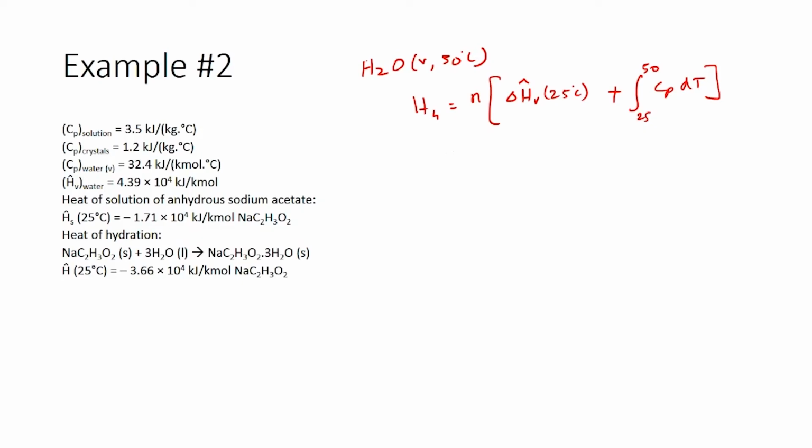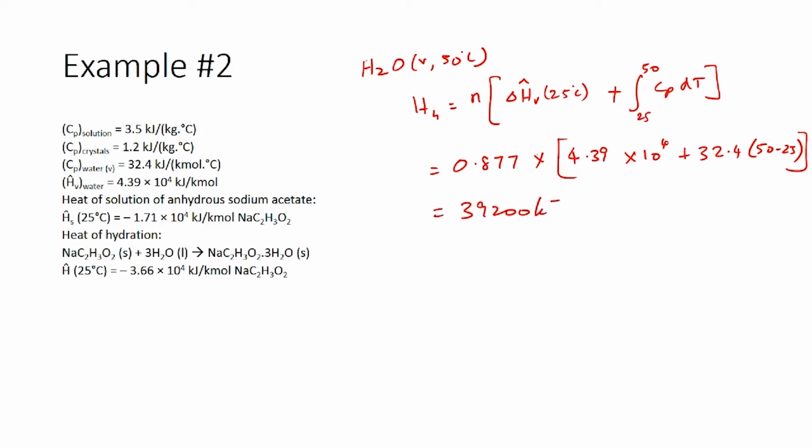Using these values, this becomes 0.877 times 4.39 times 10 power 4 plus 32.4 times 50 minus 25, and this would be equal to 39,200 kilojoules per hour.